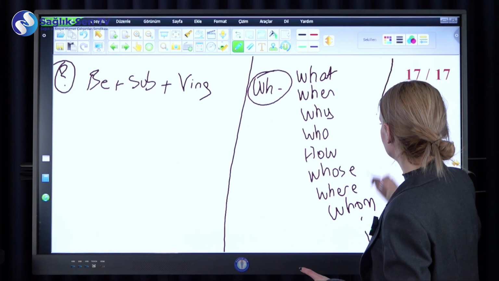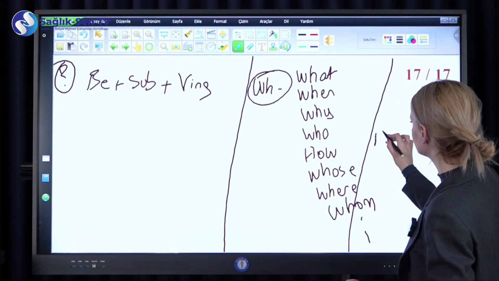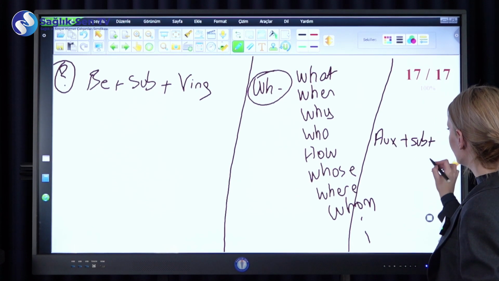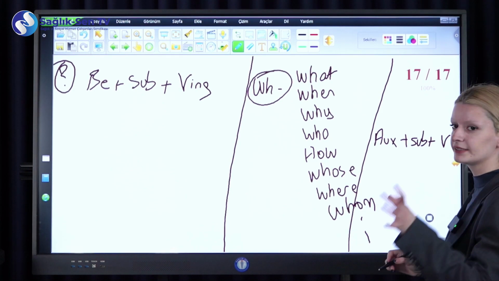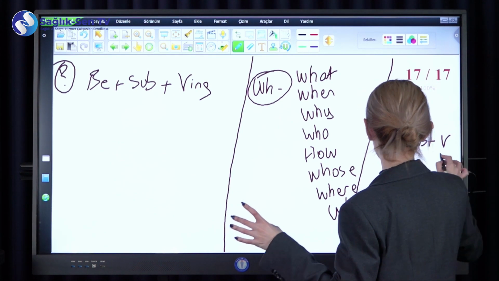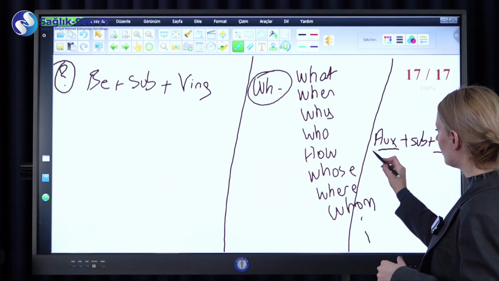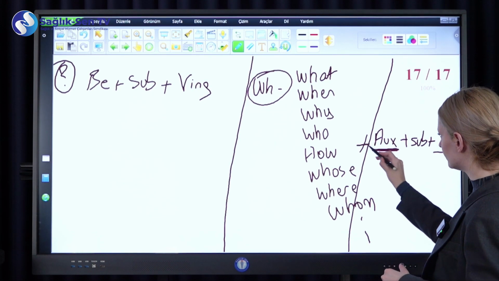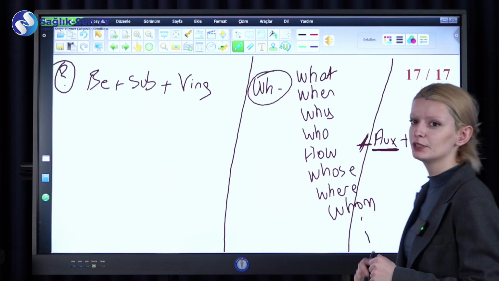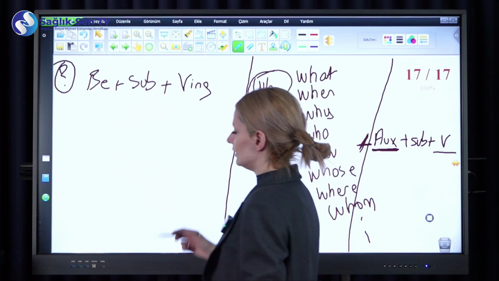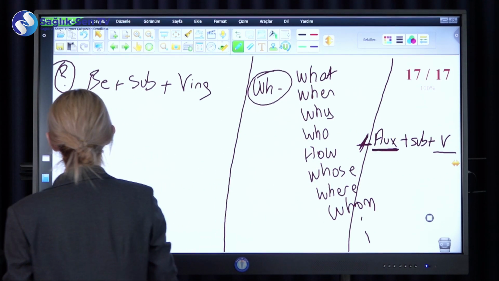In every tense, we have this: auxiliary verb, subject, and then the correct form of verb. It depends on the tense. Before the auxiliary verb, we put the WH question pronoun. Okay, let's continue.